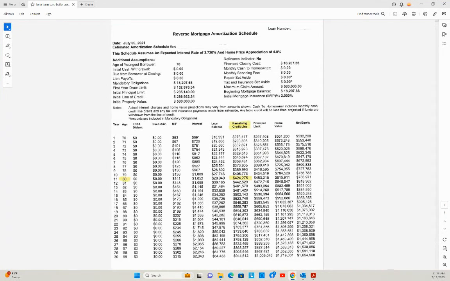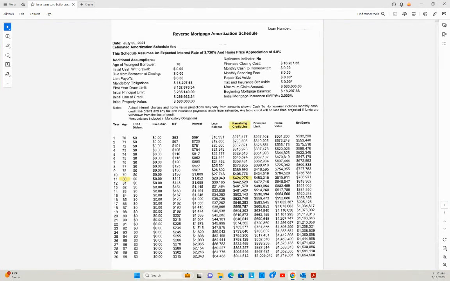One of the nice features about the reverse mortgage is the ability to utilize a line of credit feature that's part of the reverse mortgage as a buffer asset for needs down the road. We can actually utilize it to offset sequence of return risk if we're pulling assets out of a retirement account.